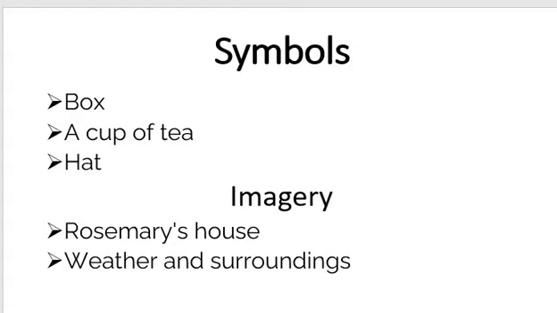The next is the imagery. We find visual imagery in the story A Cup of Tea, like Rosemary's house and the weather and surroundings. So let me discuss that. What is Rosemary's house like? Rosemary's house has warmth, softness, light, and sweet scent.